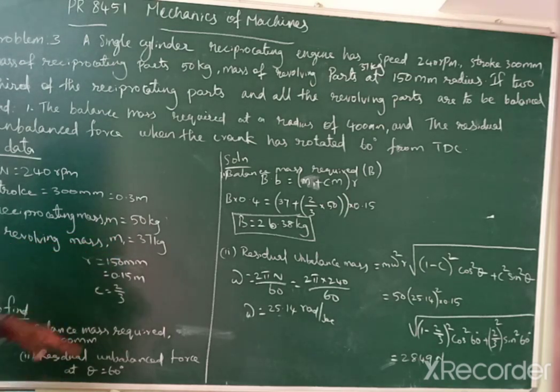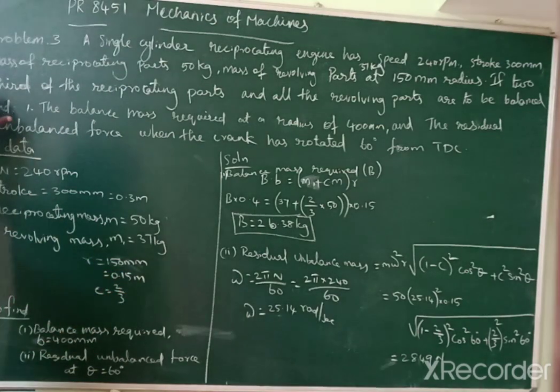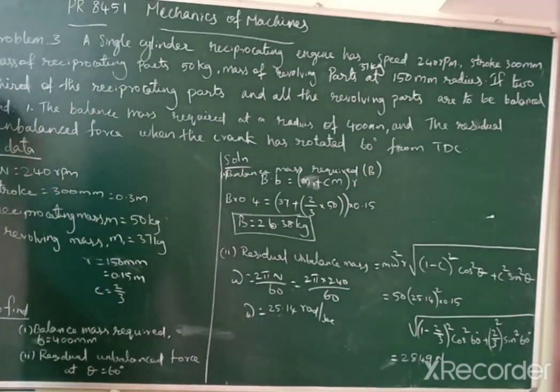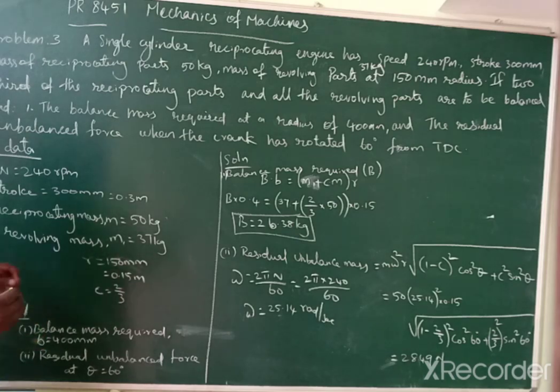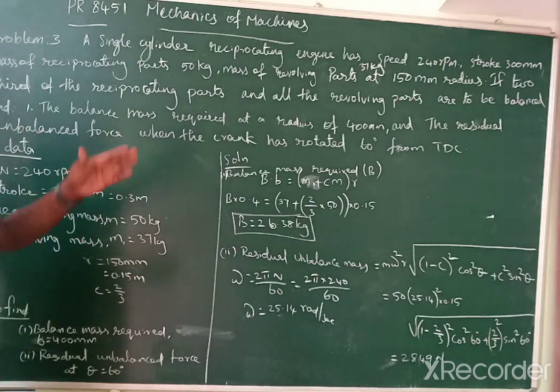Okay, right? Then they gave the revolving part radius, r equal to 0.15 meter, that is 150 mm. Then they gave the condition: two-thirds of the reciprocating parts and all the revolving parts are to be balanced.